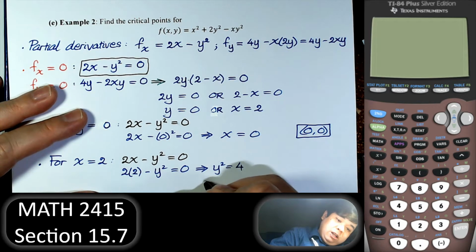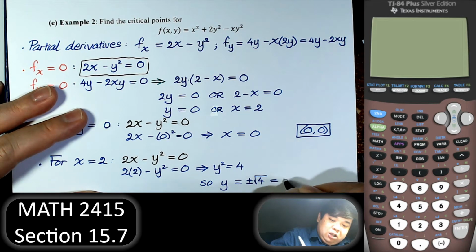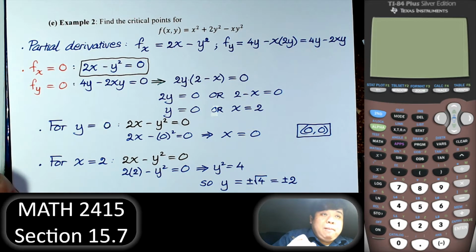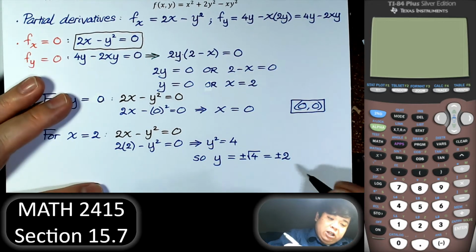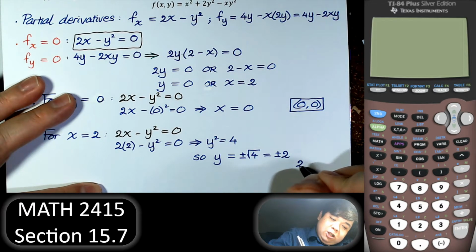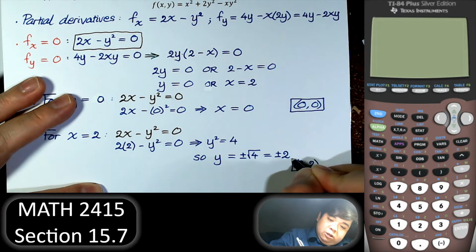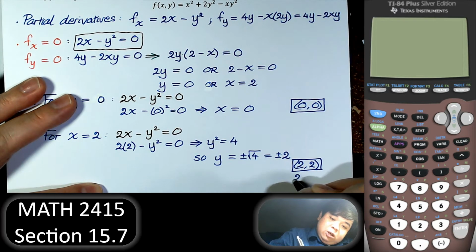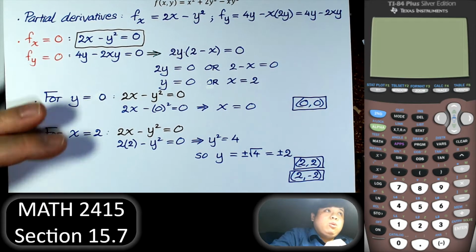So we have y equal to plus or minus square root of 4, or plus or minus 2. So x equal to 2, there's 2 values for y, so we have 2 points. 2 and 2, and 2 and negative 2. So there are 3 critical points.